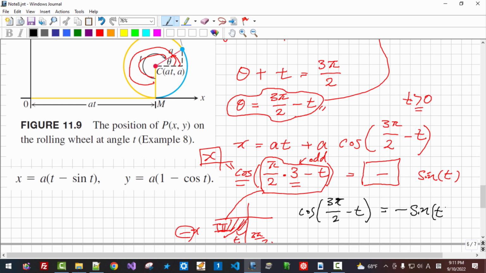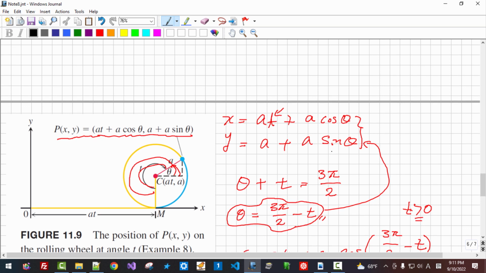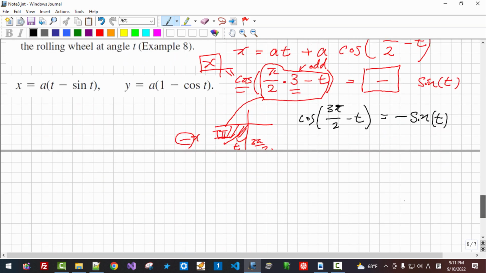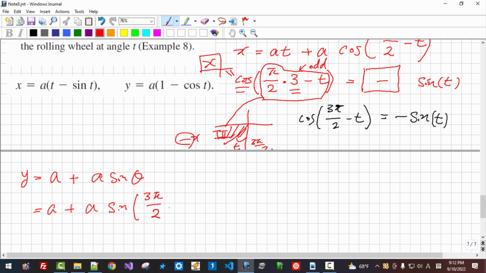In the same manner, we simplify y like this. Y equals a plus a sine theta, a plus a sine of 3 pi over 2 minus t.